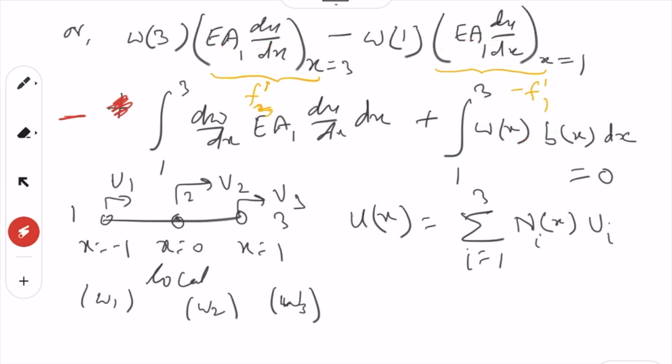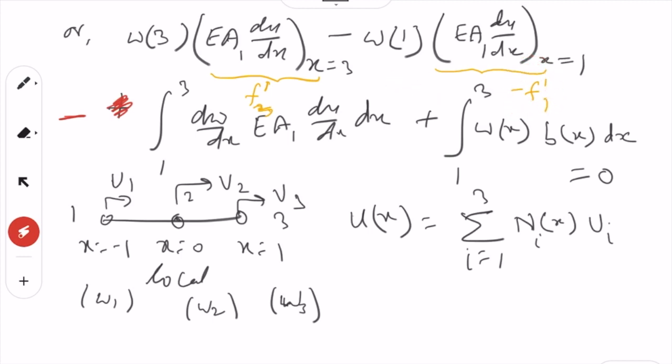Okay, so this one we know is nothing but W3 times F13. So this one goes in the third row. This term, minus becomes plus, and W1 goes to W1, so this will multiply W1, and hence this goes like this.